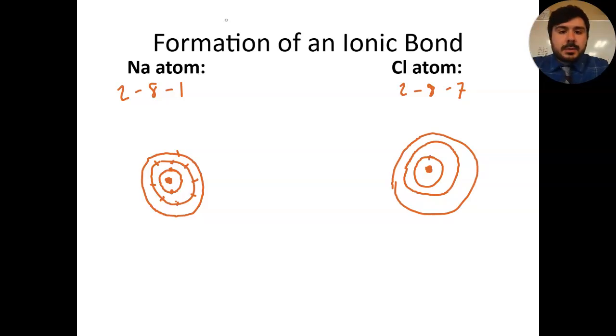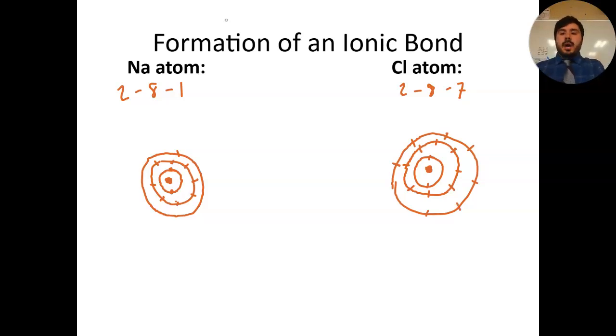Let me backtrack on that one and go to the second shell, 8 electrons, and then 7 on the outer shell.